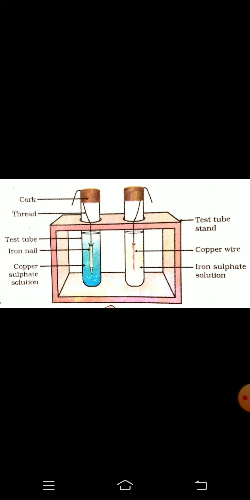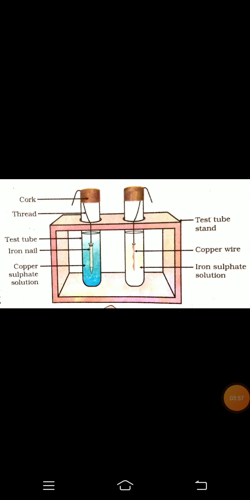For this activity, we can write the chemical reaction as Fe, that is iron, plus CuSO4, that is copper sulfate, gives FeSO4, that is iron sulfate, plus Cu, that is copper. About this displacement reaction, we have already studied in chapter number 1 that the most reactive metal displaces the less reactive metal.